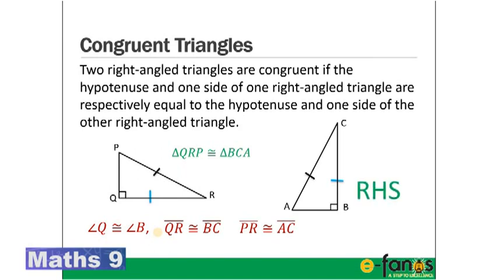This is the RHS, right angle hypotenuse side rule, and it's also known as the HL rule, or hypotenuse leg rule. If two right-angled triangles have the same hypotenuse and the same side or leg, then they are congruent.